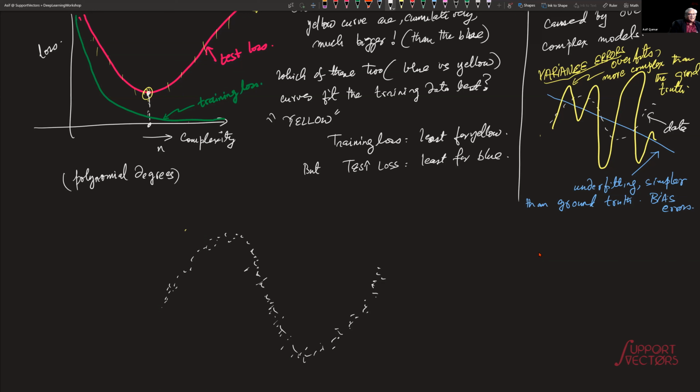Now, you know that an underfitting line would be, just to reproduce what we said, this. This is your underfit. Then your best fit line would be like this.